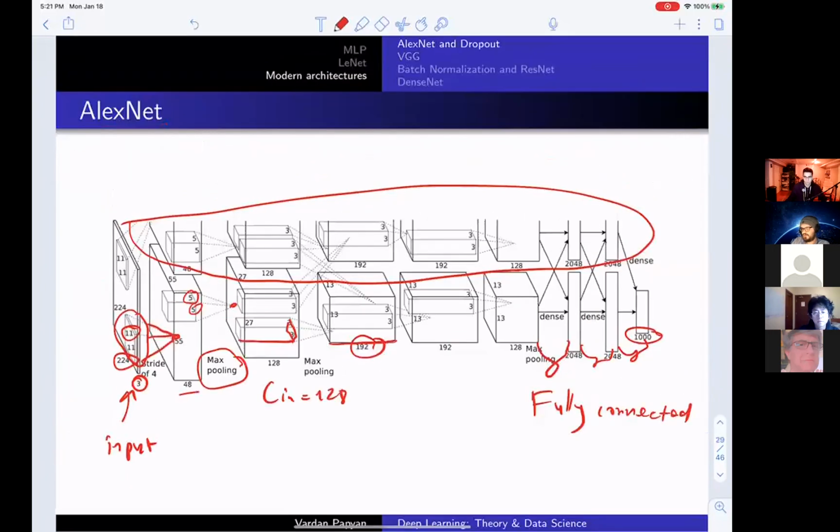So you start with 48, then you have 128, then 192, 192, and eventually the fully connected have 2048. Oh, I guess here it does decrease, you're correct.